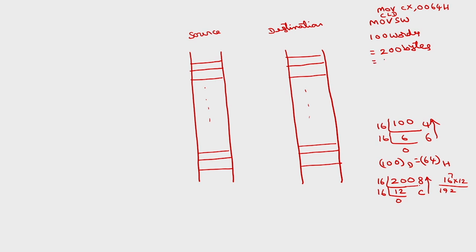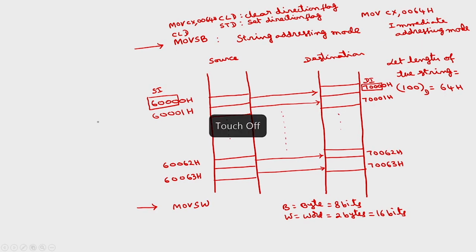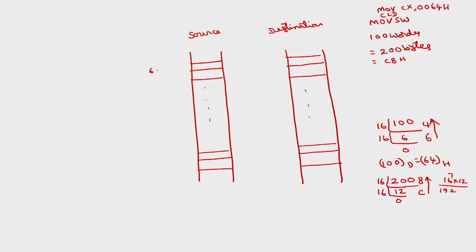So this is equal to C8H. So if I start here, what is the address that I have taken here before? 60,000 and 70,000. So 60000H, 60001H, then the last address will be, C8 means 00 to C7, so 600C7, because we start with 0.